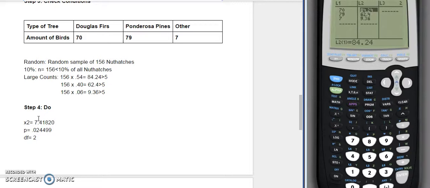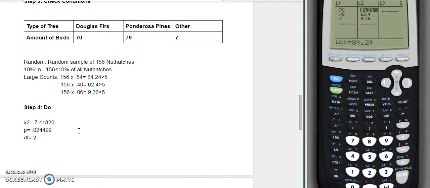These numbers are called our expected counts. They also have to be more than 5 to pass the large counts condition. 84.24, 62.4, and 9.36 are all larger than 5.